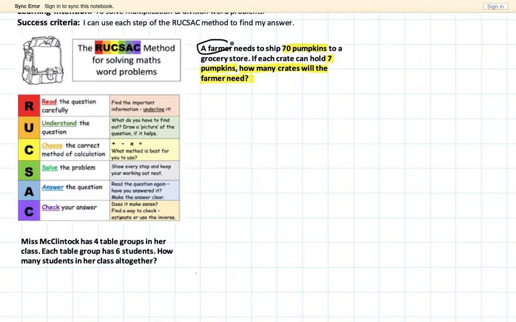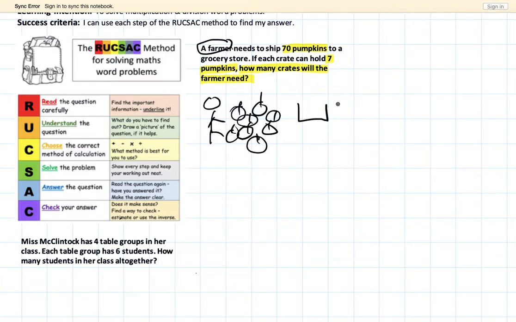It looks like there's a farmer, and the farmer needs to ship 70 pumpkins to a grocery store. So there's a farmer and he has a whole bunch of pumpkins, lots and lots of pumpkins that he's just harvested from his farm. And he has all these crates. Why does he have these crates?